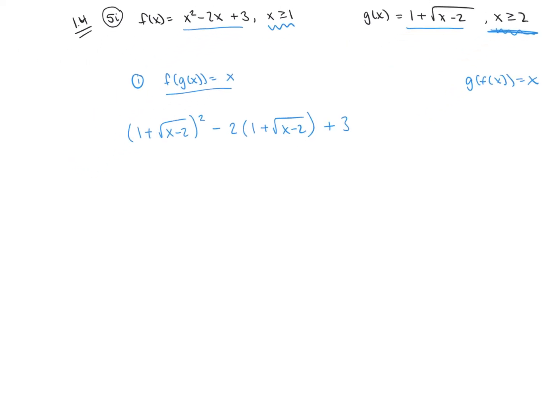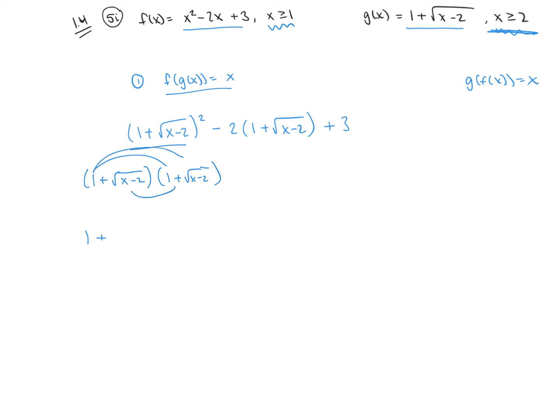Okay, now for this, I'm going to take this and multiply it by itself. So I'm going to have 1 plus outer inner.